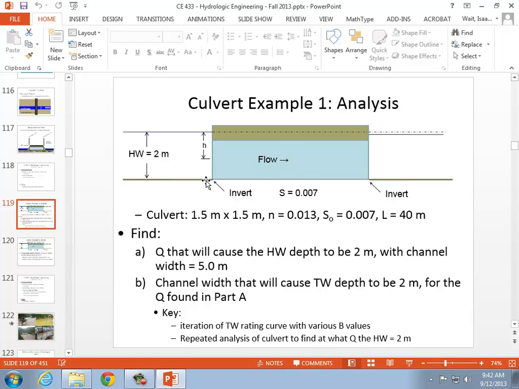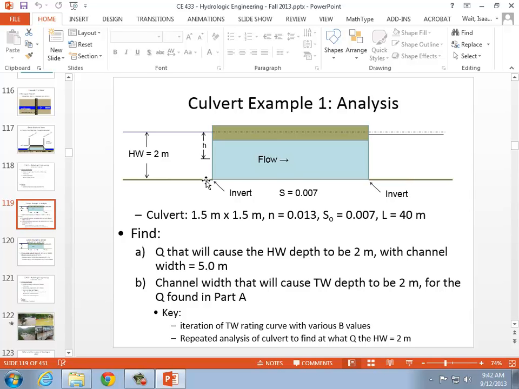There is a stream, and the road goes over the stream, and there's dashes in the road, and we are assuming a channel width is 5 meters, this distance here.